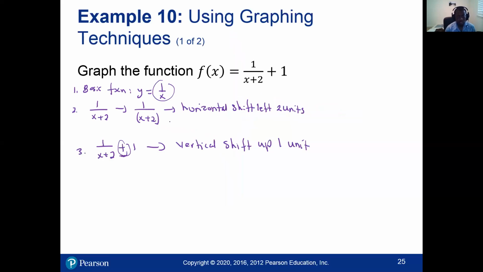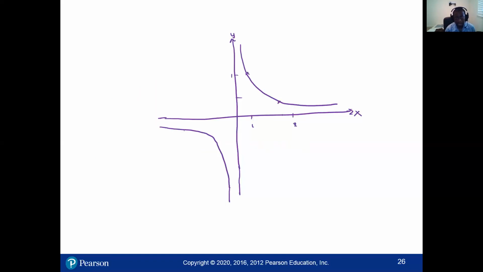Okay. So we'll go back to our process. The first thing is that we have to shift that to the left 2 units. So you're going to shift every point here to the left 2 units. Let me change the color. This axis is going to go 2 units to the left, since it's plus 2. So the Y axis becomes this.